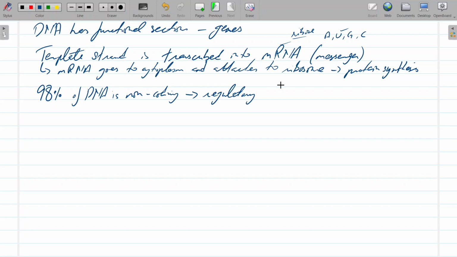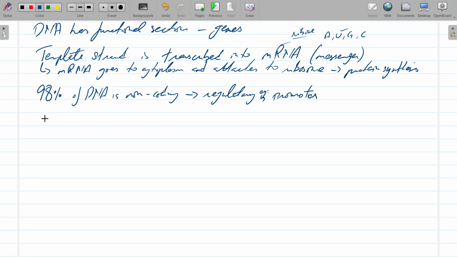They've got sections such as a promoter region, which is a particular sequence on the DNA that helps in gene expression, or there might be a repressor or something else of the sort. There are binding sites for different proteins that are involved in gene expression. So that's the 98%.